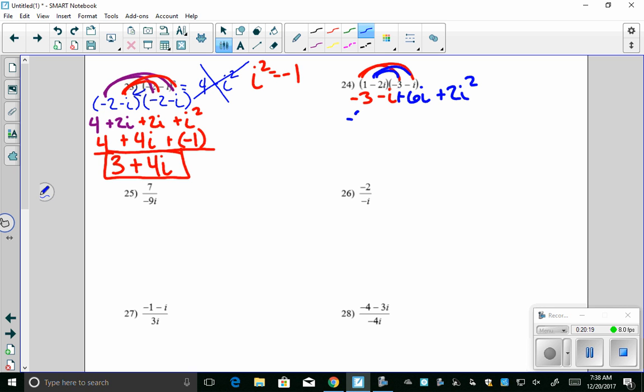Combine your like terms. Negative 3 plus 5i, because you have to combine those, plus 2 times negative 1, because i squared equals negative 1. 2 times negative 1 is negative 2. Combine your like terms again. Negative 3 minus 2 is negative 5 plus 5i.